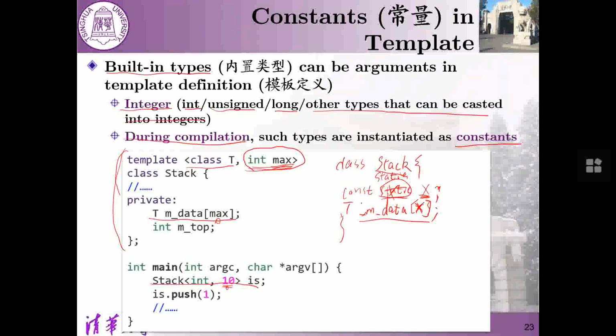Then it will have the fixed size array for this stack, okay? Anyway, this is my imagination, my analysis and understanding. The compiler should have a way to create an instance of this class template. Actually, it should be another class, right?